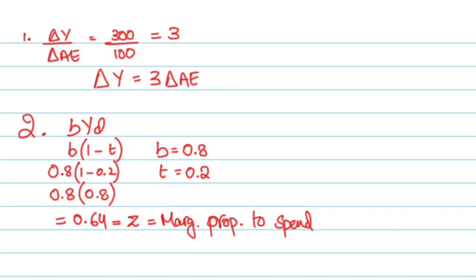Basically, this shows how much a consumer will spend per dollar. So the formula for the multiplier, denoted by M, will be 1 upon 1 minus Z. So Z is the marginal propensity to spend, 1 minus Z is the marginal propensity to not spend. So the multiplier formula will be 1 upon 1 minus Z.